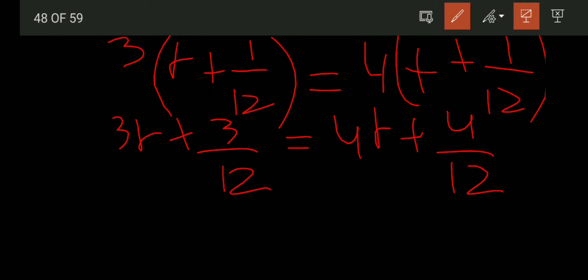How are we getting? 3 multiplied by t, 3t. 3 multiplied by 1, 3 divided by 12. 4 multiplied by t, 4t. 4 multiplied by 1, 4 by 12.